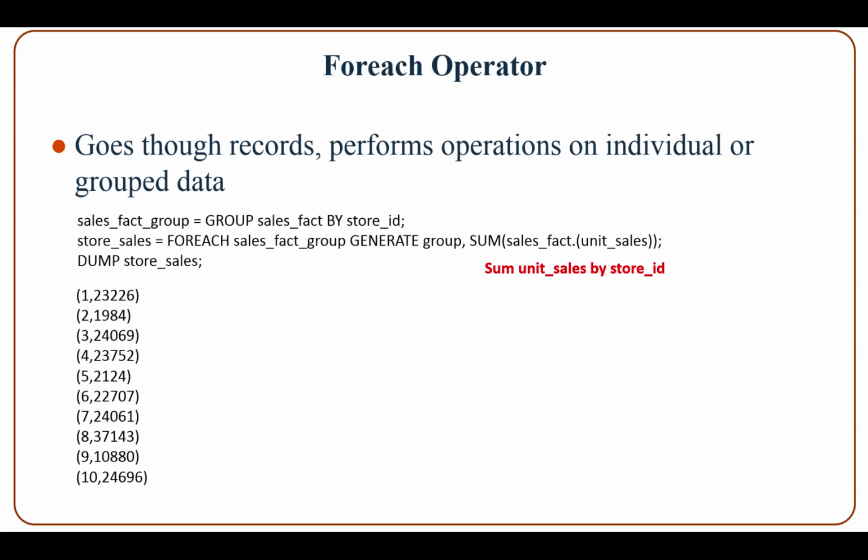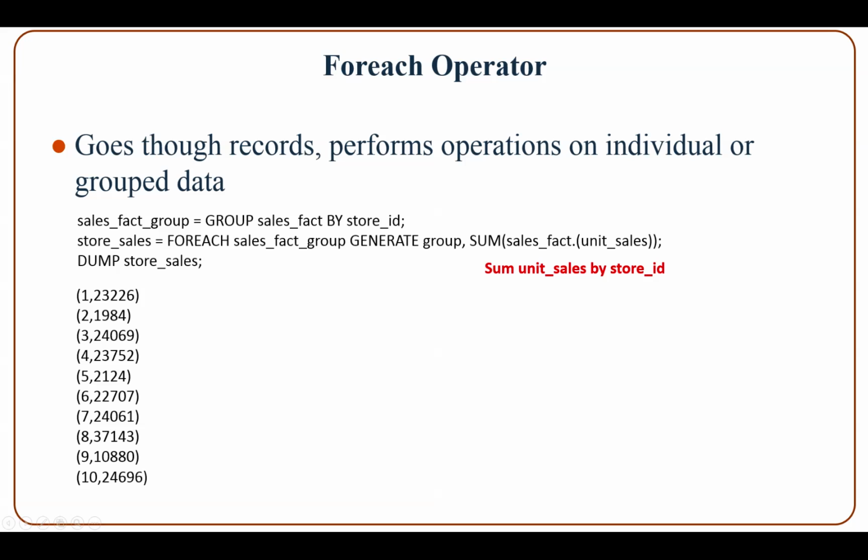The Foreach operator goes through records and performs operations on individual or group data. In this example, the relation sales fact is grouped by store ID and returned into sales fact group.